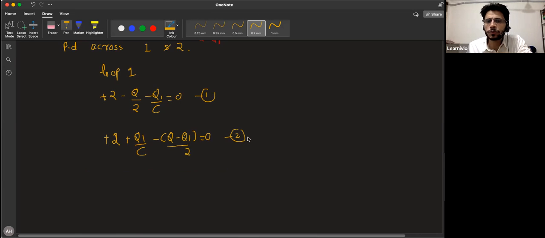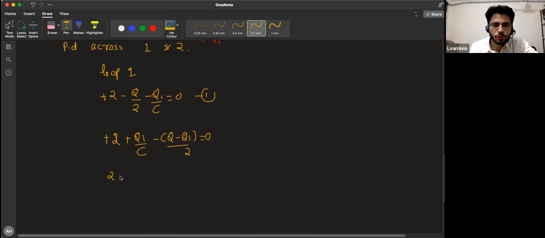Everyone have written up to this equation number 2? Yes, sir. Okay. So let's simplify this equation first, then we'll see how to calculate Q1 from these two equations.